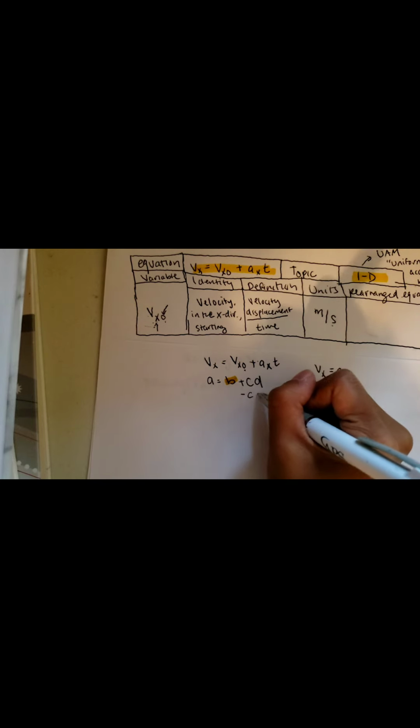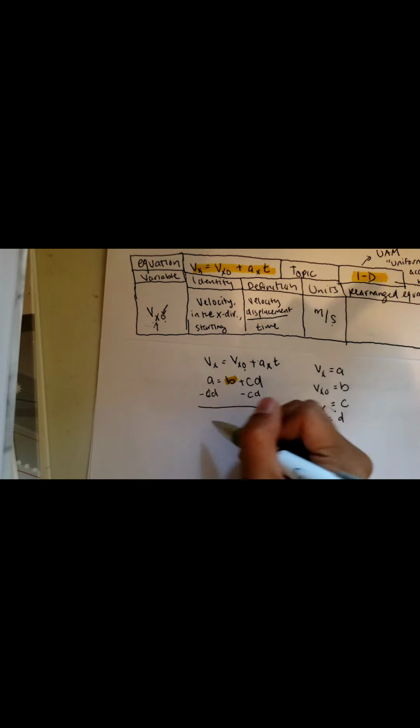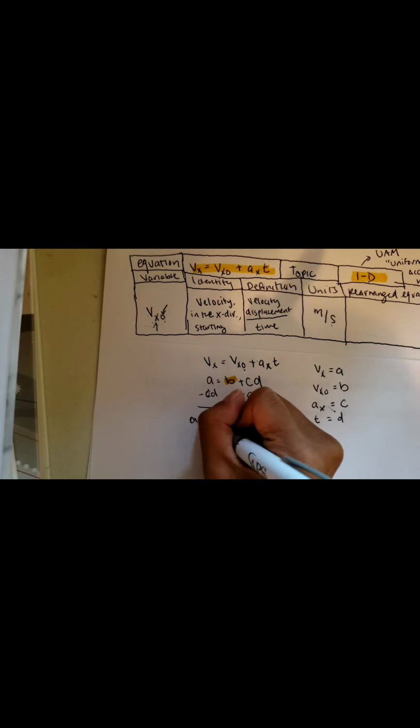So I want to isolate b by itself. What I would have to do is subtract c times d on both sides. So I have a minus cd is equal to b.